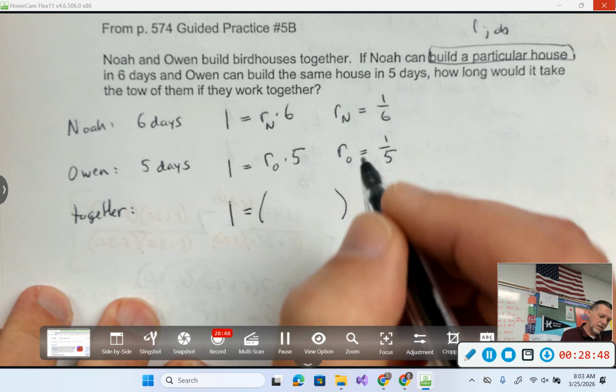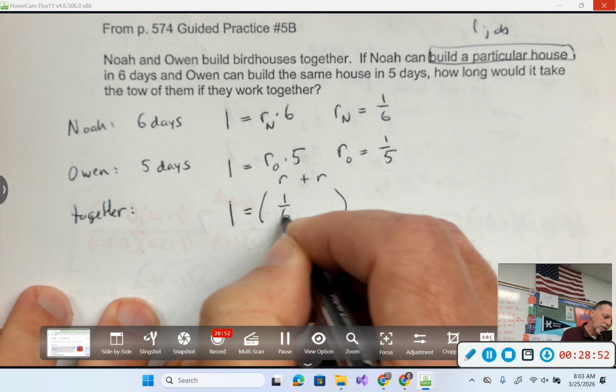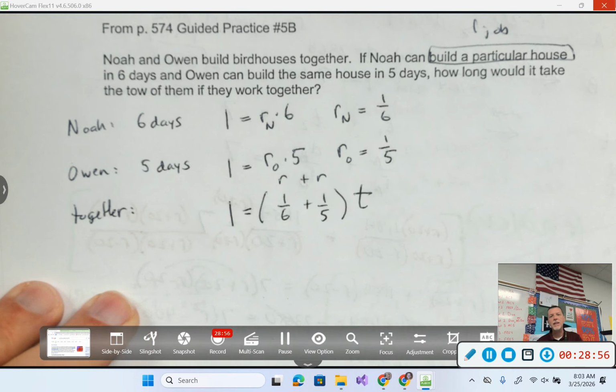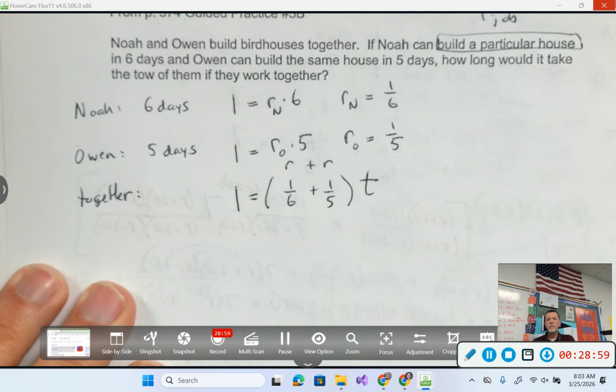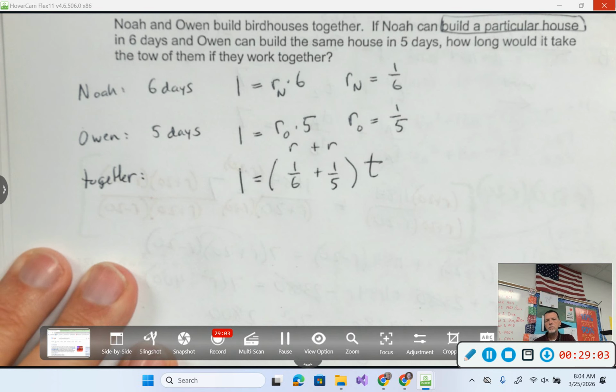1/6 plus 1/5. Good. They're going to work together. So 1/6 plus 1/5, and then time, we don't know how long it's going to take. That's what we're looking for. Their total time, together time. With a calculator, I'd probably solve this differently than by hand.